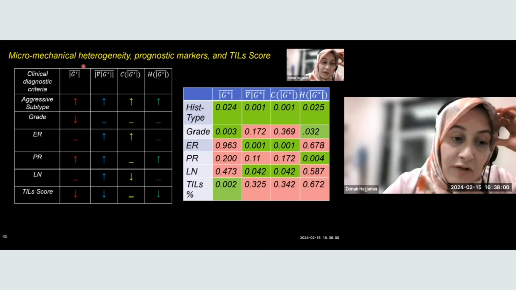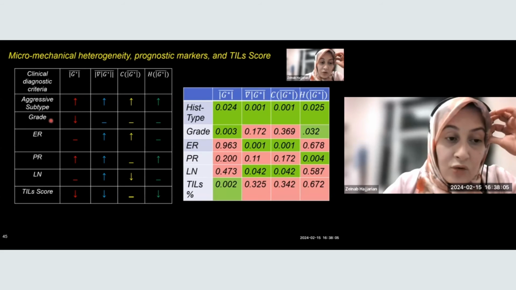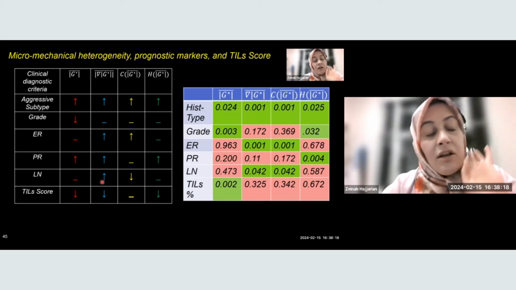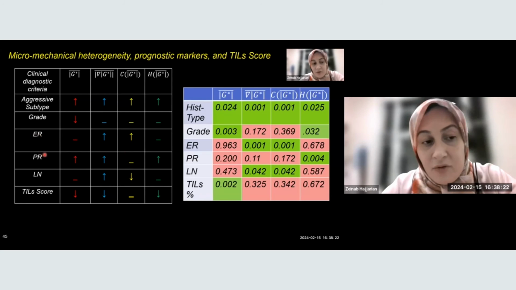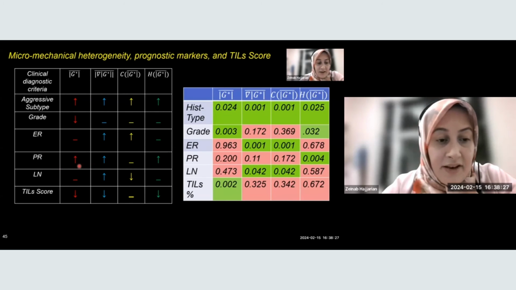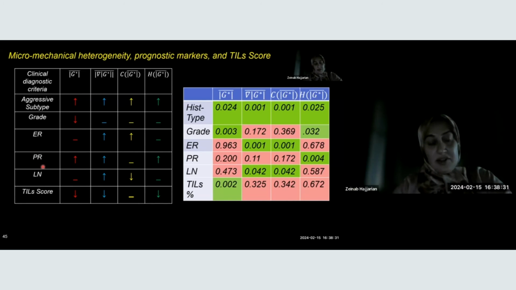And that could speak to the fact that higher grade tumors tend to be more epithelial than stromal. Tumor cells are growing so fast that they overtake the entire mass and outgrow their scaffolding. So that might speak to that aspect of the tumor pathology. The other observation that we had was that the gradient of stiffness and the contrast seem to increase in ER-positive tumors, whereas the overall stiffness and the gradient seem to be correlated with the progesterone receptor status.